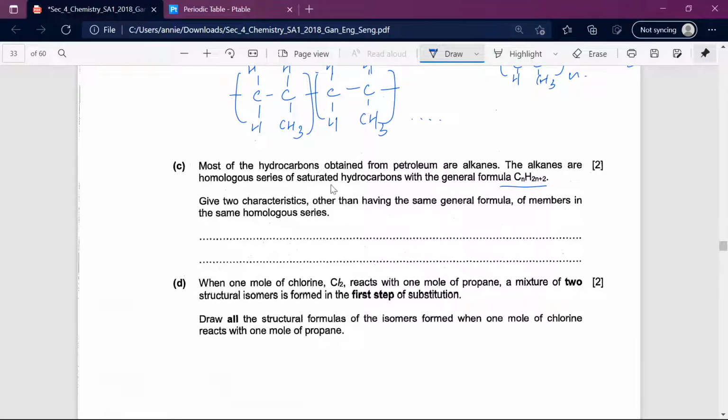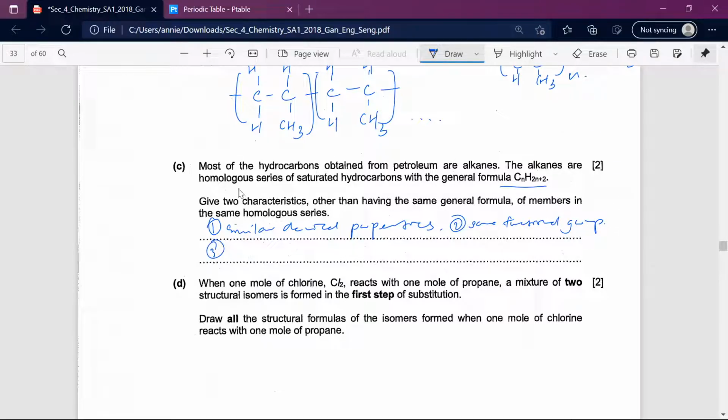So we do know that one characteristic is that they have similar chemical properties. This is true for all alkanes. It's in your alkane chapter, okay? So the second one will be that they have the same functional group, which is the alkane chain, right?